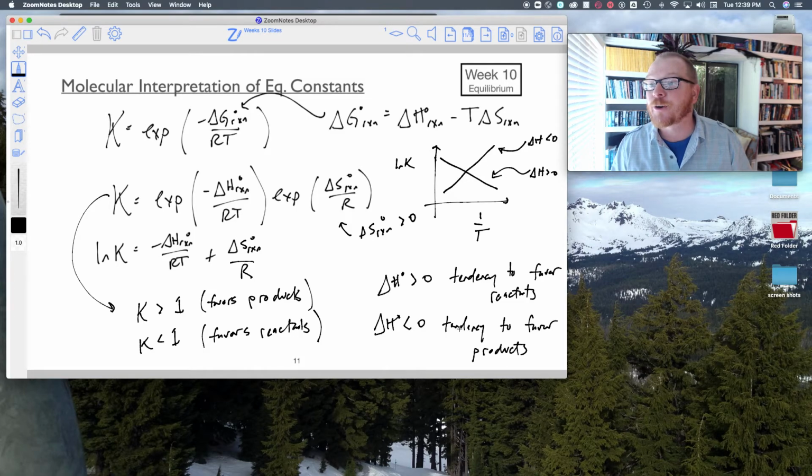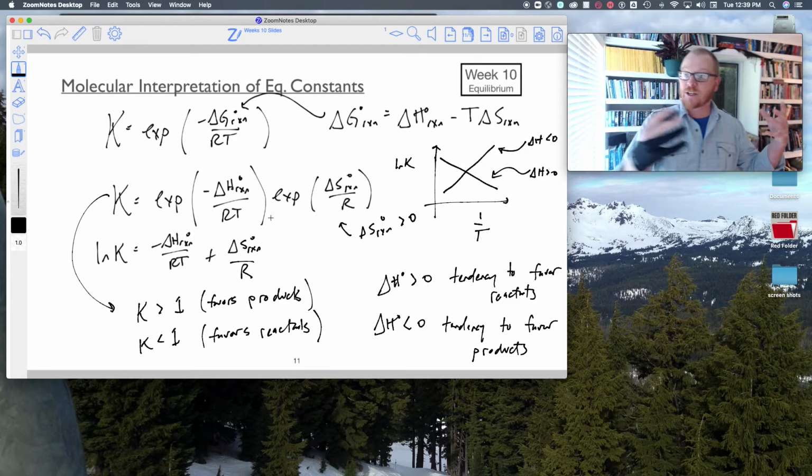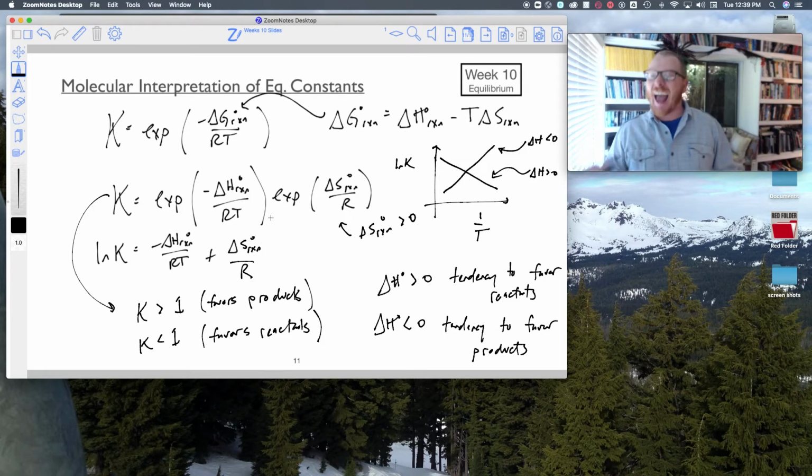That's going to favor reactants. So what this means now is there's a competition between these two chunks. One chunk will be greater than 1, the other chunk will be less than 1, and when we multiply them together, that's going to tell us what won. Did the entropy win or did the enthalpy win? And as it turns out, the temperature of that situation is critically important.